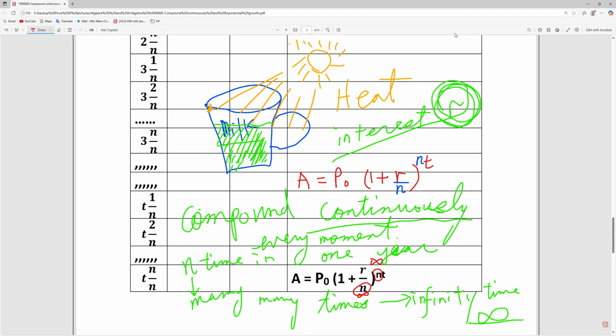Therefore, we need to have a new formula when we are talking about the condition of bacterial growth. Not only for bacterial growth, we talk about the chemical situation. So we are talking about radiation.